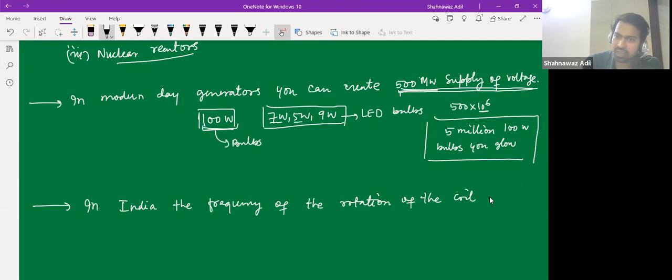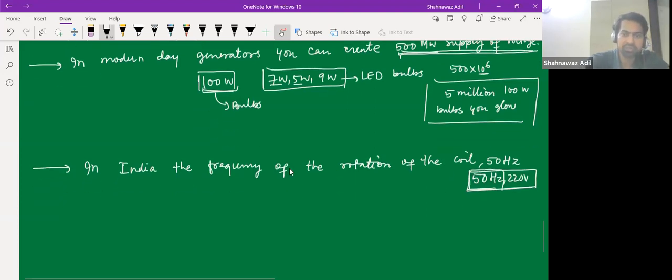You guys have known this. So this is 50 hertz, right? So in India, you generally get 50 hertz and 220-volt supply in your household. This is what you get. So this 50 hertz means that this is the frequency of those coils that they are using in the powerhouses.